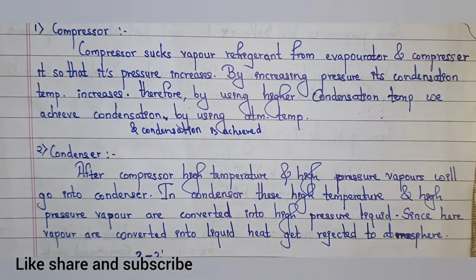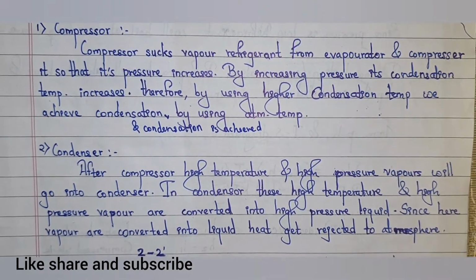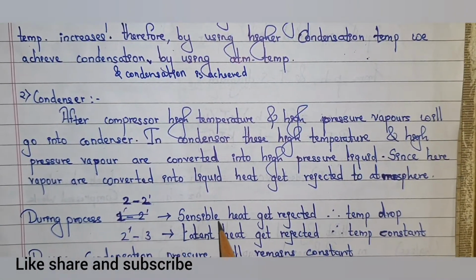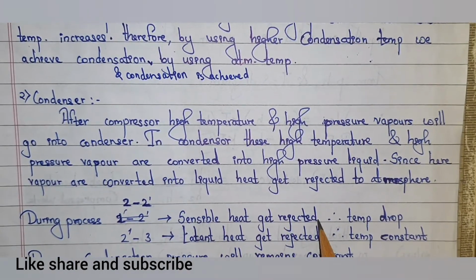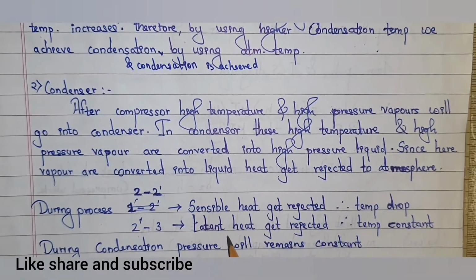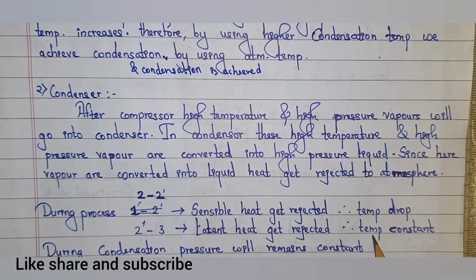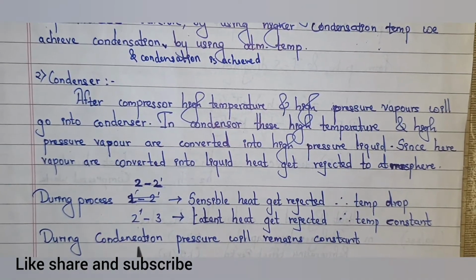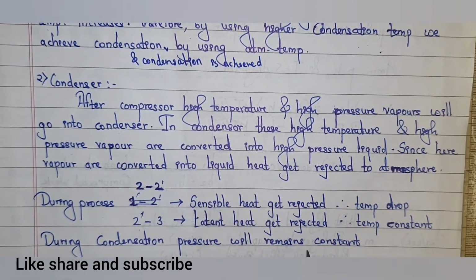During process 2 to 2 dash, sensible heat gets rejected, that is, temperature drops, and from 2 dash to 3, latent heat gets rejected, that is, temperature is constant. During this condensation, pressure remains constant.